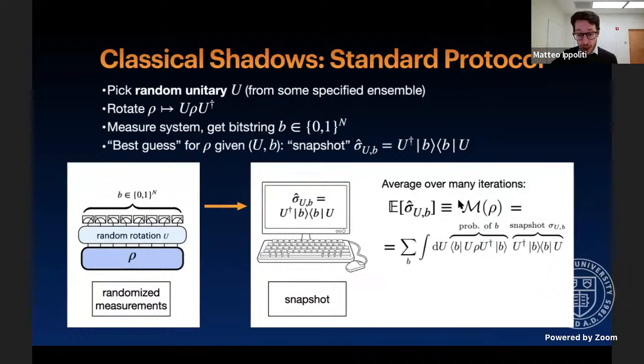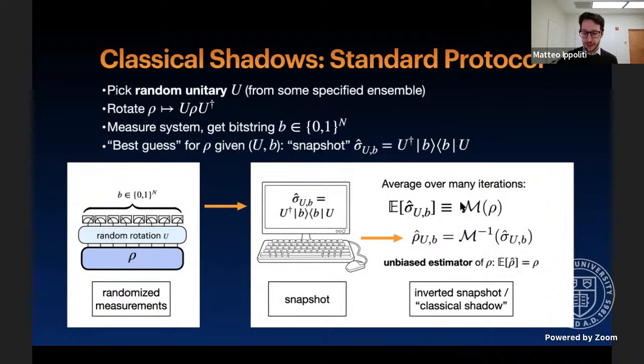And then because we want to actually predict properties of rho, we can again in classical simulation try to undo the effect of this quantum channel M by applying this inverse map to our snapshots one by one. And if we do that, we get something that we can call rho hat, the classical shadow, or one classical shadow of rho. And by construction, these classical shadows are on average the true state.